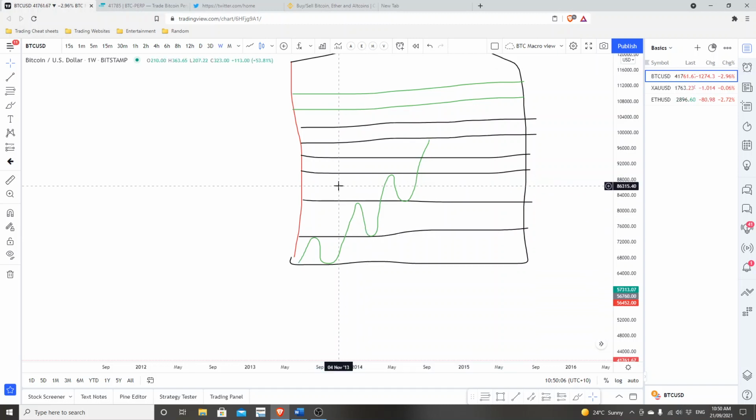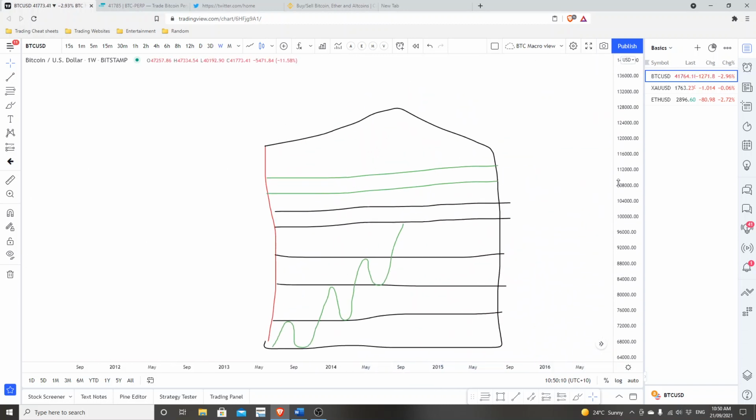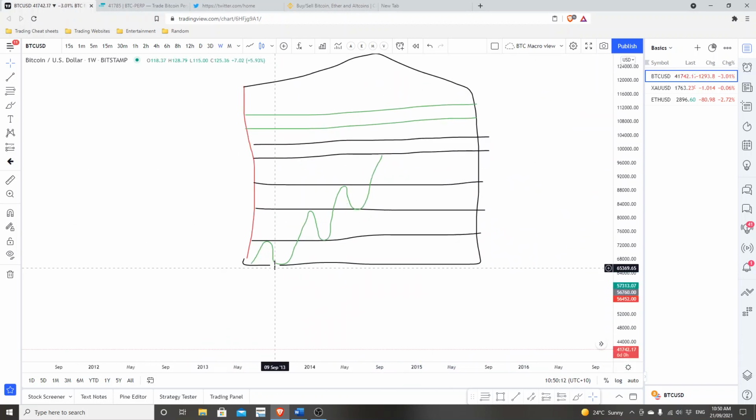So if you like to think of it that way, while it's in this floor space is the consolidation. So we have uptrend, we hit resistance or the roof, we consolidate down, we come to the floor or support.